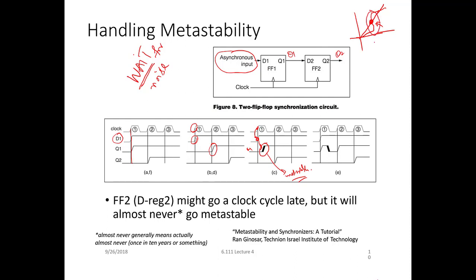Remember that you are in a very high amplification region, and even a little noise can take you to logic 1 or logic 0. So the only way to solve metastability is to wait for noise.